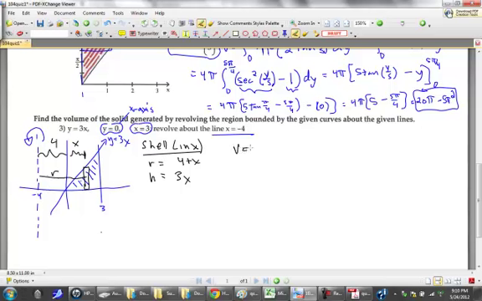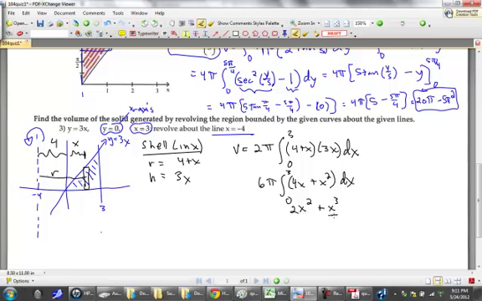And so we set the volume to be 2 pi times the integral from 0 to 3 of radius times height. We can pull the 3 out, call it 6 pi, and get 4x plus x squared, integrated from 0 to 3: 2x squared plus x cubed over 3, evaluated from 0 to 3 with a 6 pi outside.